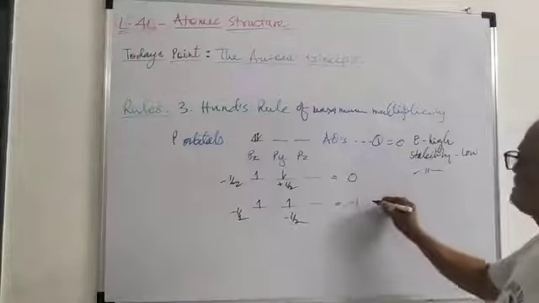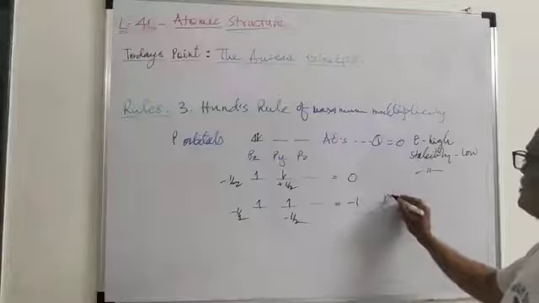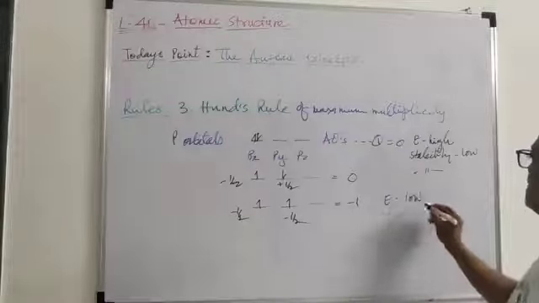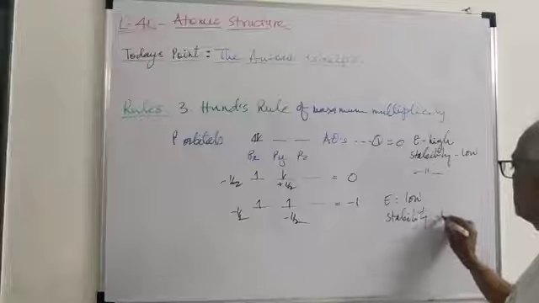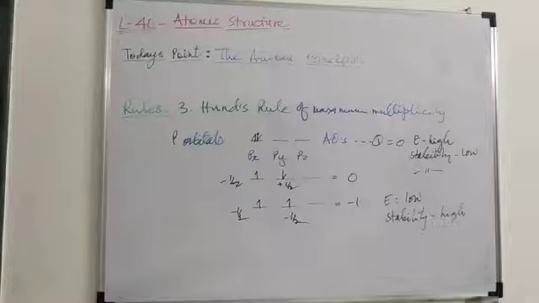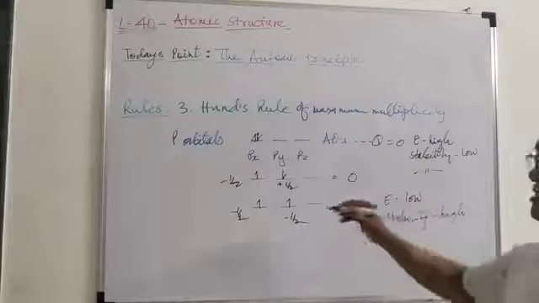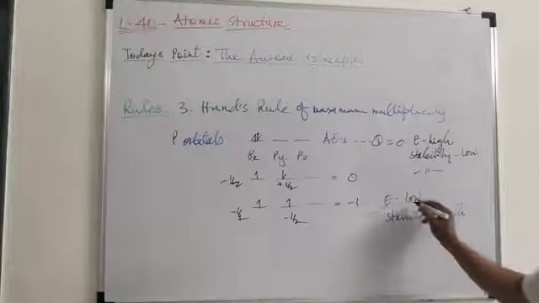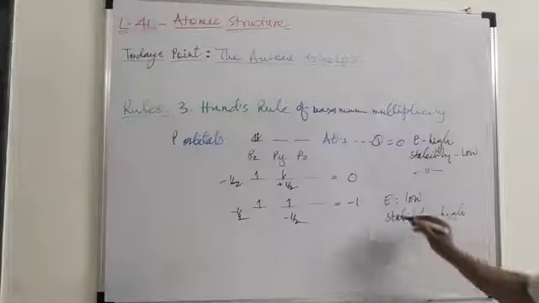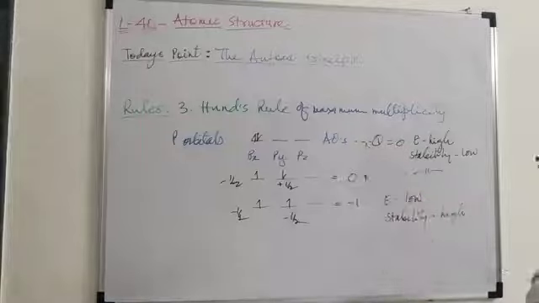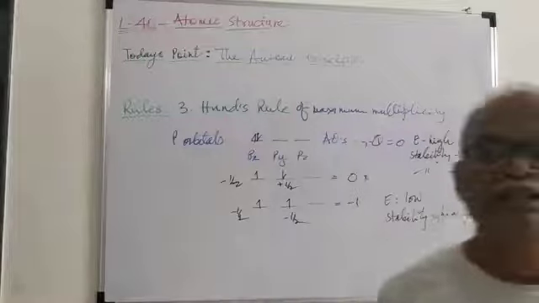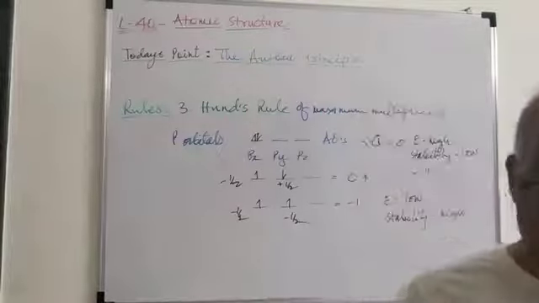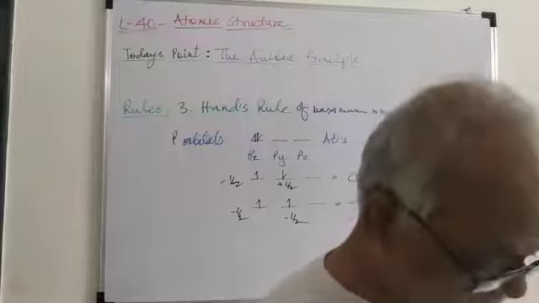In this case, the energy of the system is low and therefore the stability of the configuration is high. Hence, we should go for the configuration in which the energy of the system is lower and stability is higher. We cannot go for the other two configurations because the energies are higher and therefore the stability is lower. So that is not suitable for the given structure of the atom.